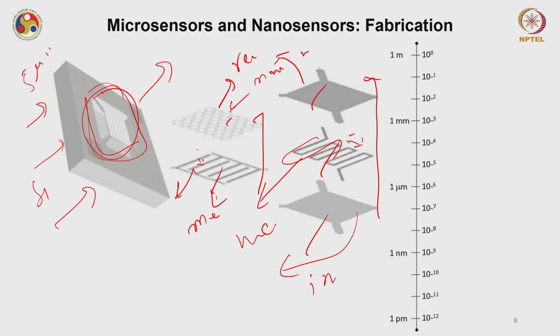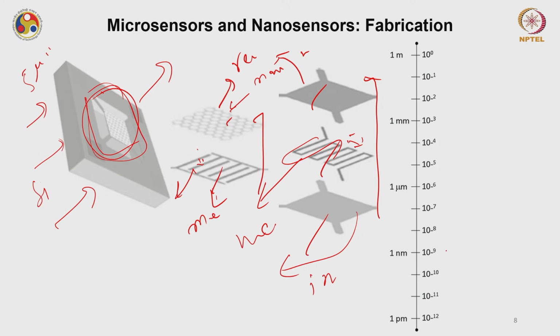On the right side I have given a scale so that you can understand what level of thickness or line width I am talking about. I am talking in this particular range, 1 micron to a few hundred nanometers. Typically the thickness of our hair is around 50 to 100 micron, and you can understand the context in which region I am talking about.